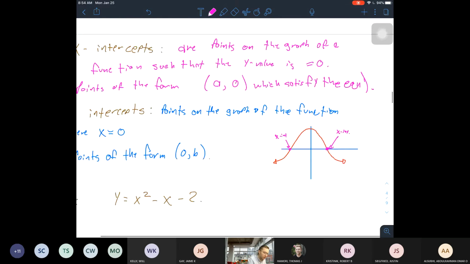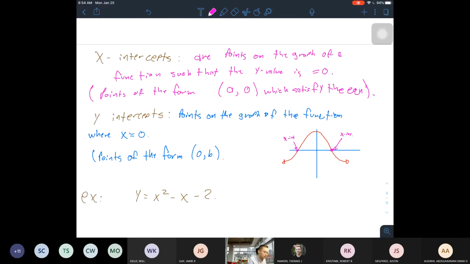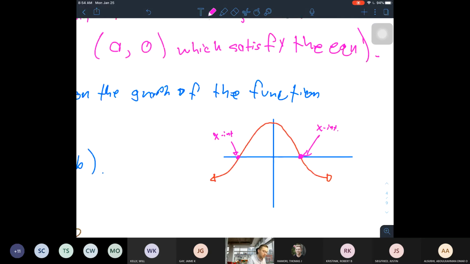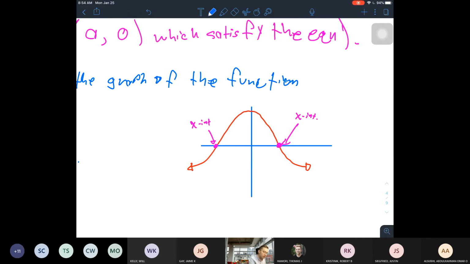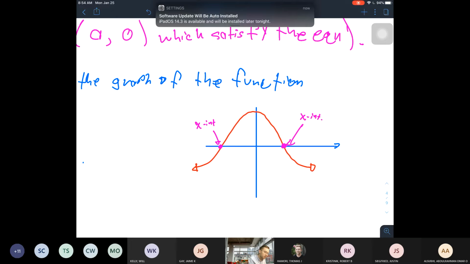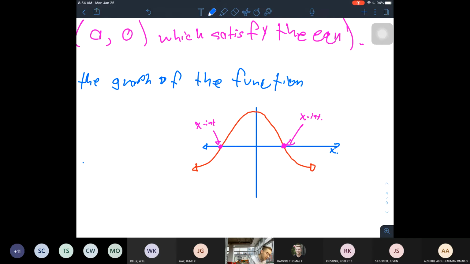Okay, now you might be wondering, why on earth do we call them x-intercepts when their definition is that the y value is equal to 0? Okay, that seems confusing. But the reason we call them x-intercepts is because this is where the graph of the function intercepts the x-axis. Okay, the x-axis is what we call our horizontal axis.